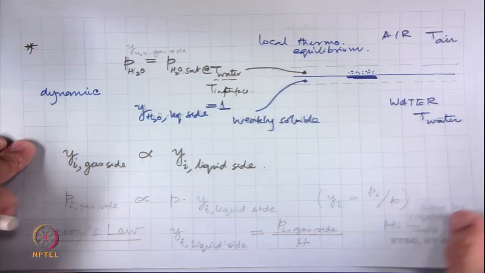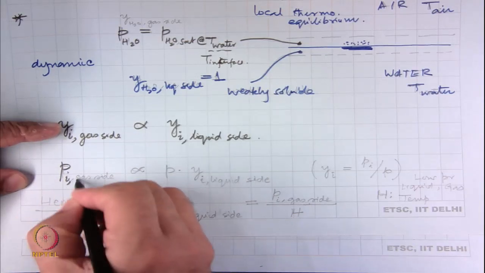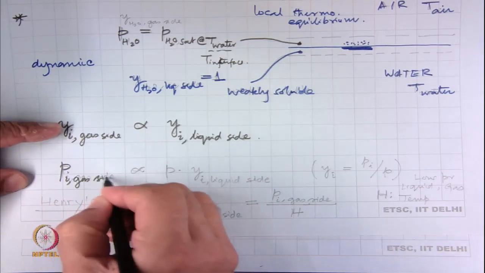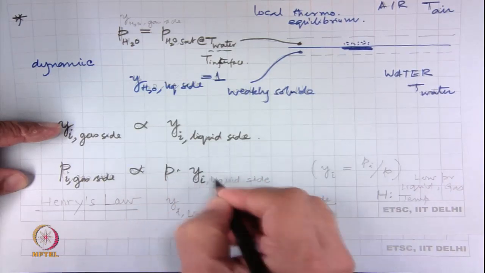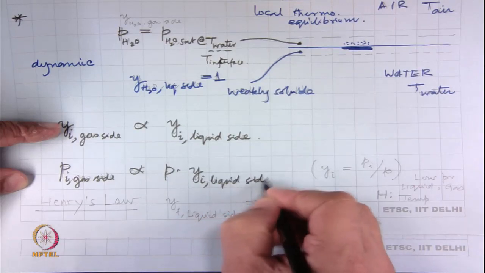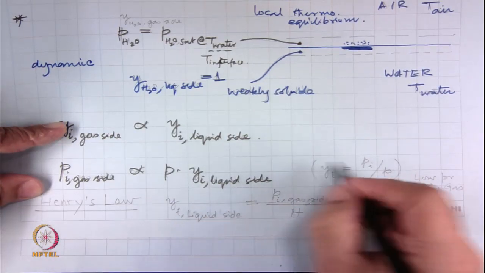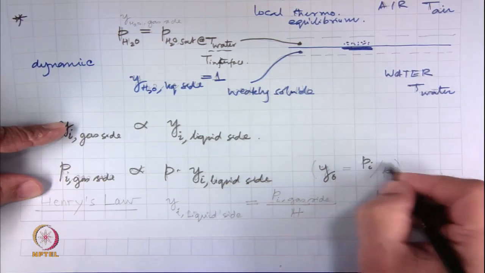So, this is an important thing from which a lot of things will come out. First, Pi on the gas side is proportional to P times Yi on the liquid side, where Yi is the ratio of partial pressure to the total pressure.